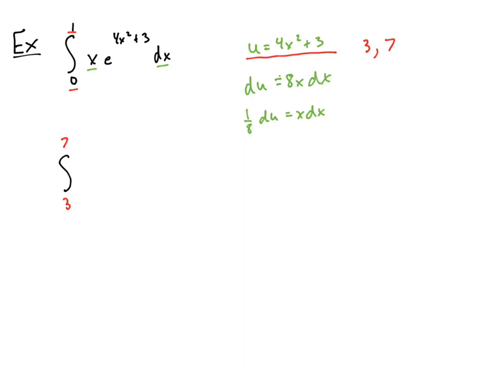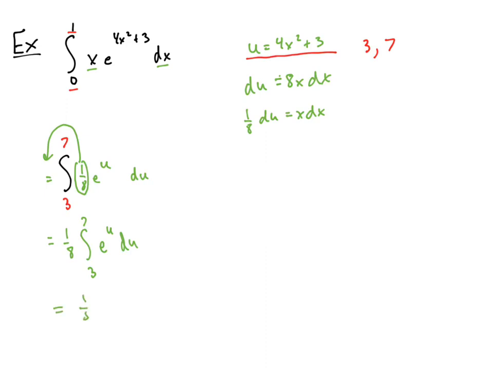x dx gets substituted in by 1/8. I'm going to just write it separated right now. Then that'll be times e to the u. And we can take out the 1/8 here. So this will be 1/8, the integral from 3 to 7 of e to the u du. The antiderivative of e to the u is just e to the u.